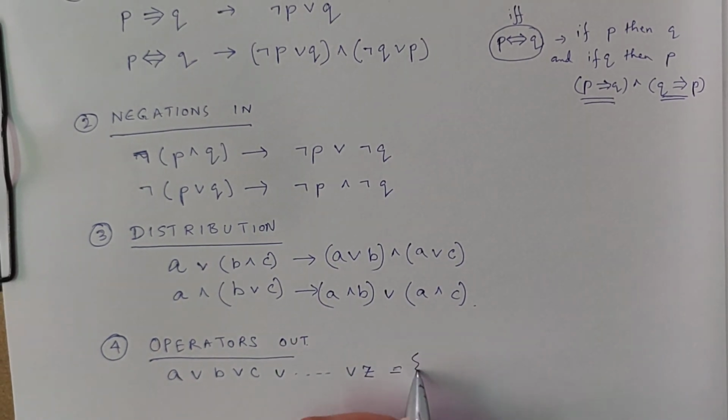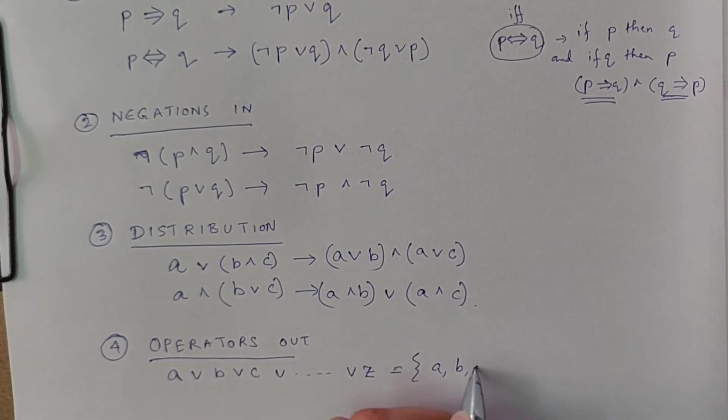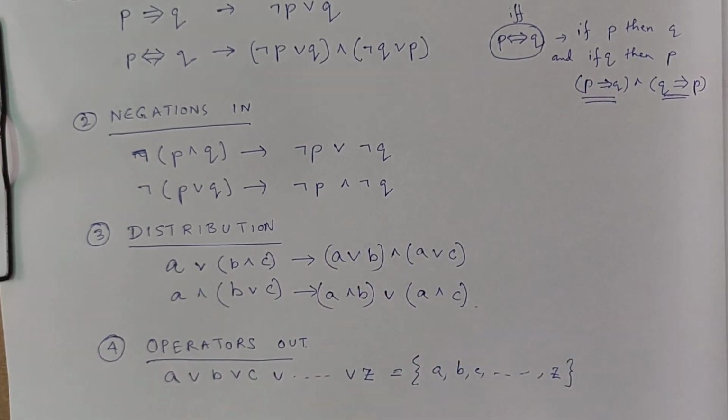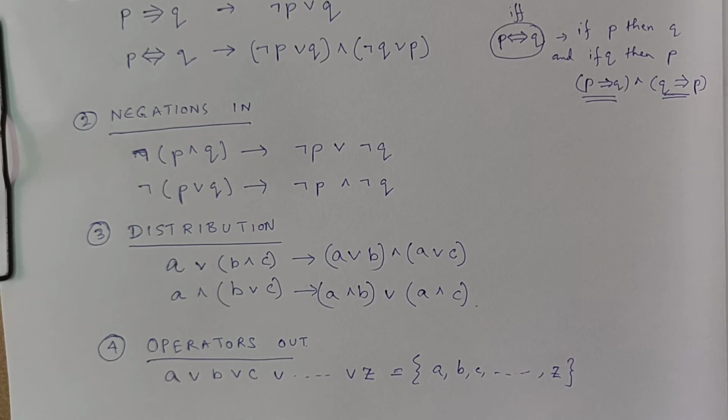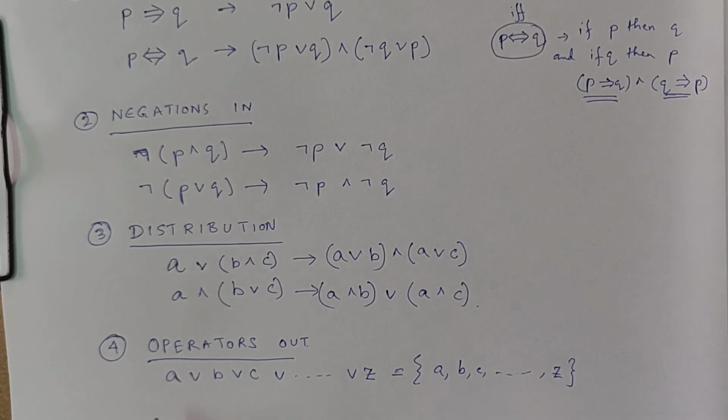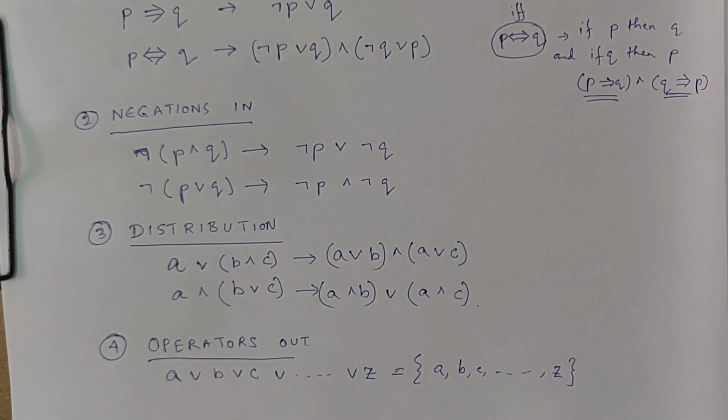Simple. I can write this as a clause. My ultimate aim is making a set, that is making a clause, right? One clause or a set of clauses. If my logical sentence is like this, it will be a single clause.